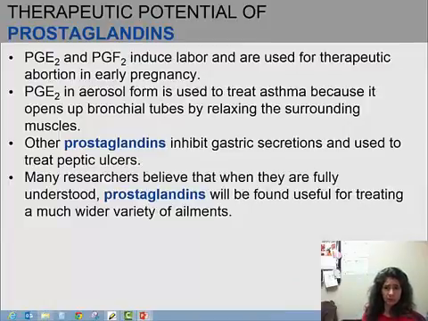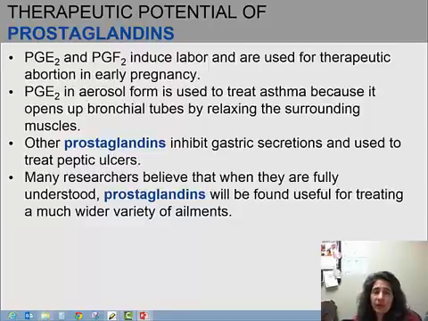Alright, so we looked at some uses of the prostaglandins, and this is just a little bit more information on them. So PGE2 and PGF2, inducing labor. But then you can see PGE2 is also an aerosol form used to treat asthma. So we're seeing some molecules that can have some quite different effects in the body, depending upon which part of the body it's working on.